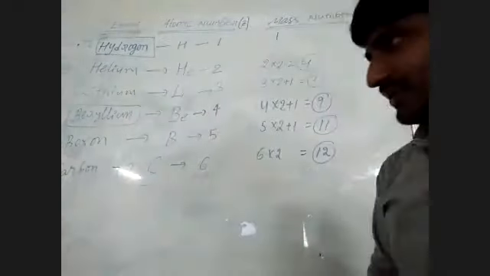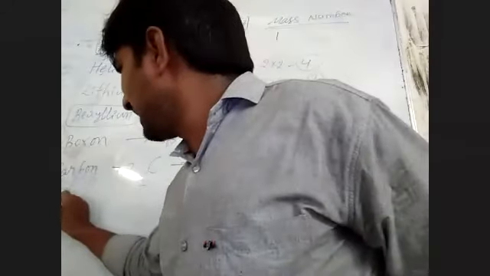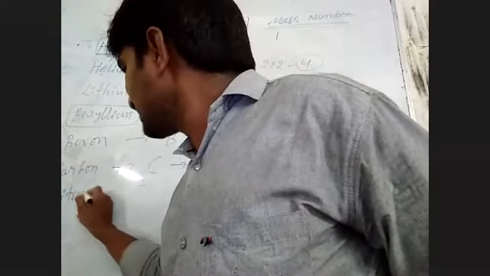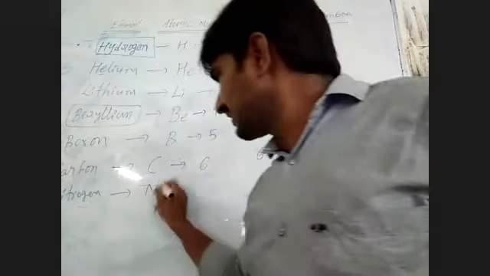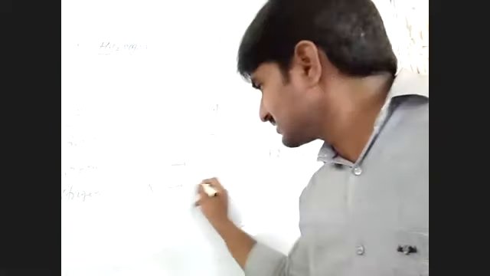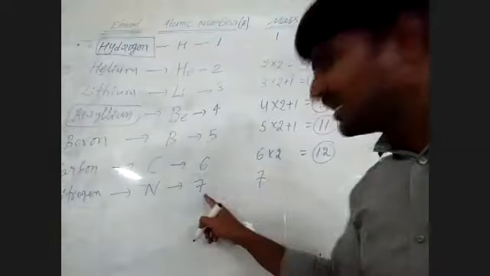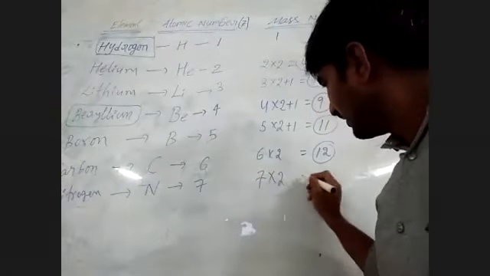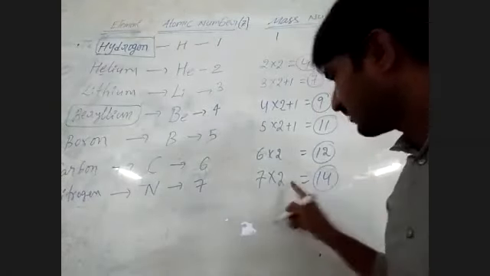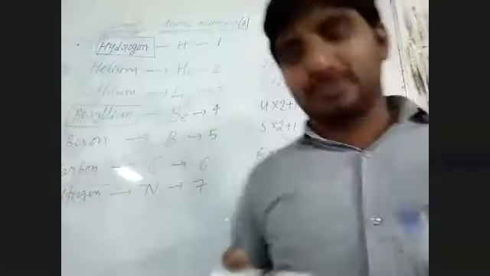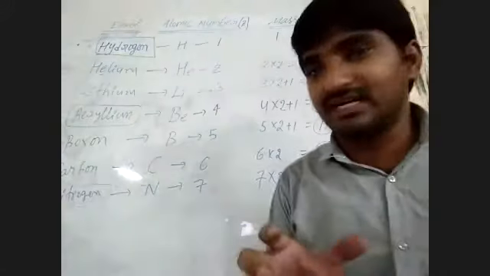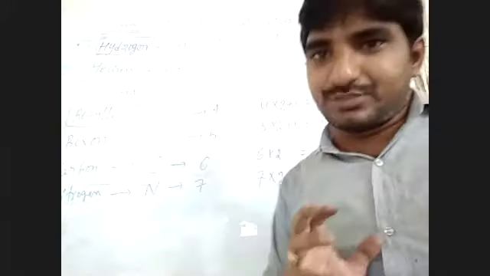So next, nitrogen. Please understand. Nitrogen symbol is N. What is the atomic number? 7. Here 7 is an odd number. Into 2 is not there, plus 1. Why? Because this is odd. Among the first 20 elements, beryllium and nitrogen are the only exceptions. Please understand, below 20 elements, beryllium and nitrogen are exceptions.